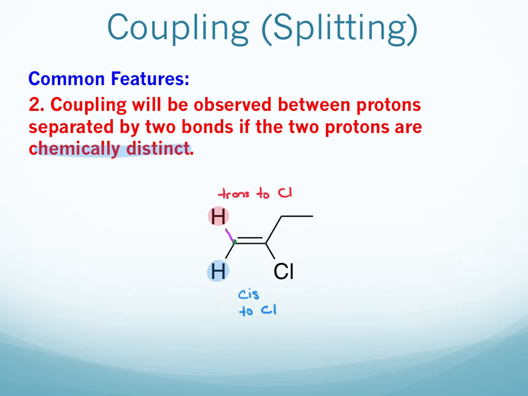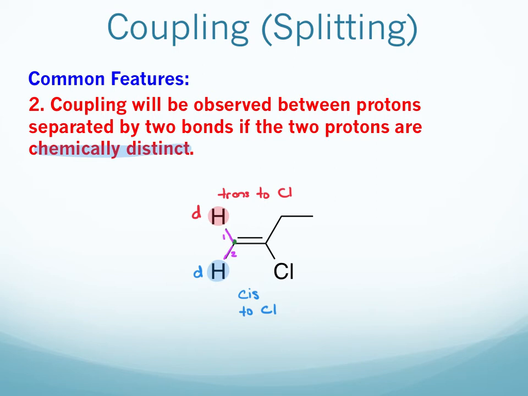This is only a 2-bond separation. But the one in red will be split into a doublet because of the one in blue. The one in blue will be split into a doublet because of the one in red. Again, only something you have to worry about for alkenes.